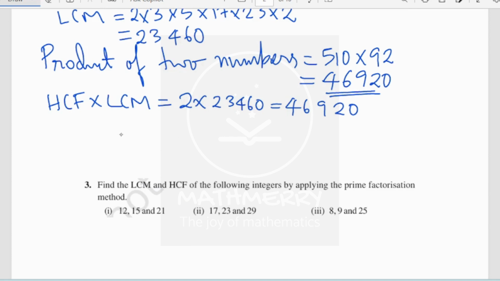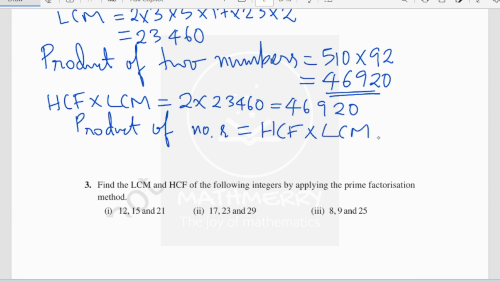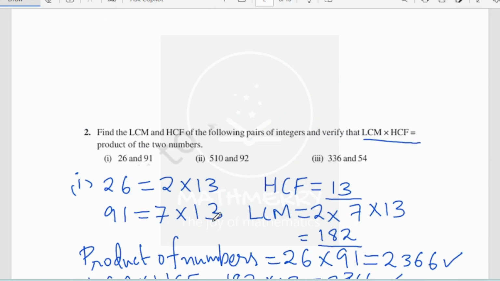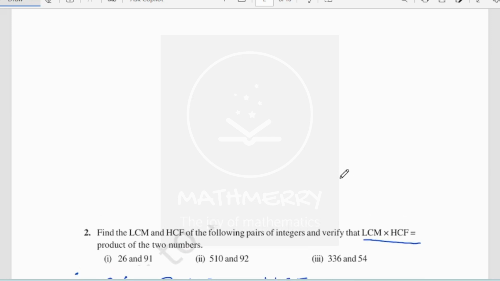So the product of the numbers is equal to HCF into LCM. Okay, that's proved. Now we have one more, that is 336 and 54.